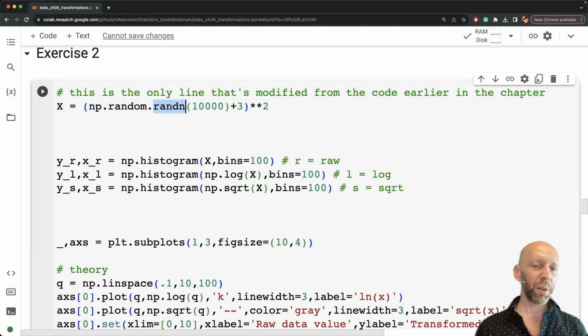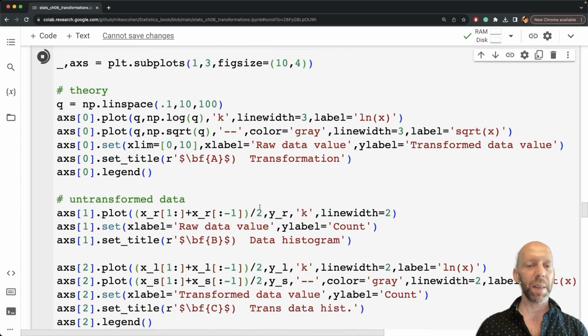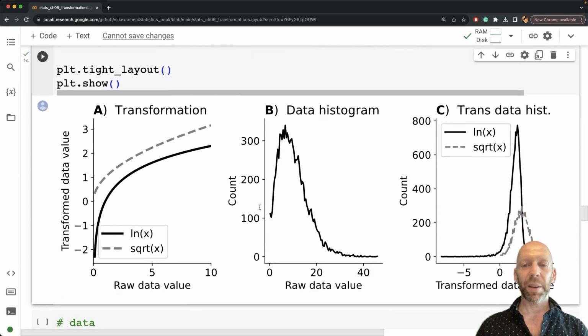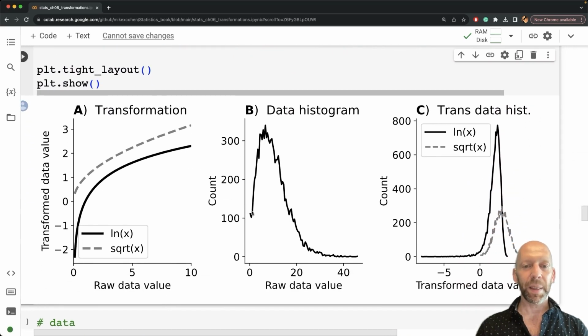In fact, you could also use the normal function here to get normally distributed data with a population mean of 3. Okay, so then I take the histogram of the data, the histogram of the log transform of the data, and the histogram of the square root transform of the data. And that you see here. Here's the data histogram, the raw data.